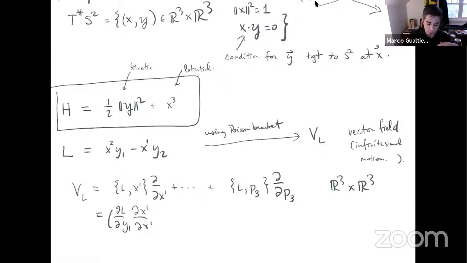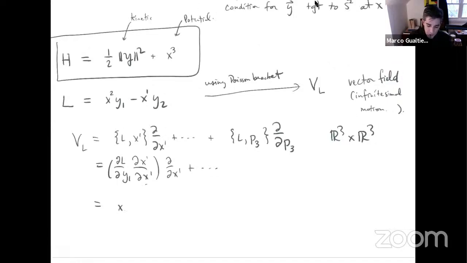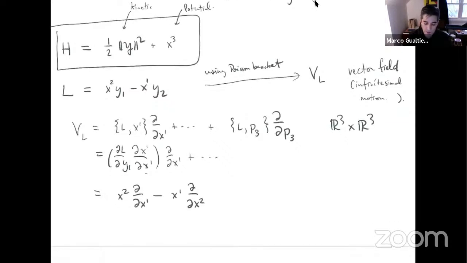I have to differentiate it with respect to x1. So if we work this out according to the formula, we're going to get x2 d by dx1 minus x1 d by dx2.